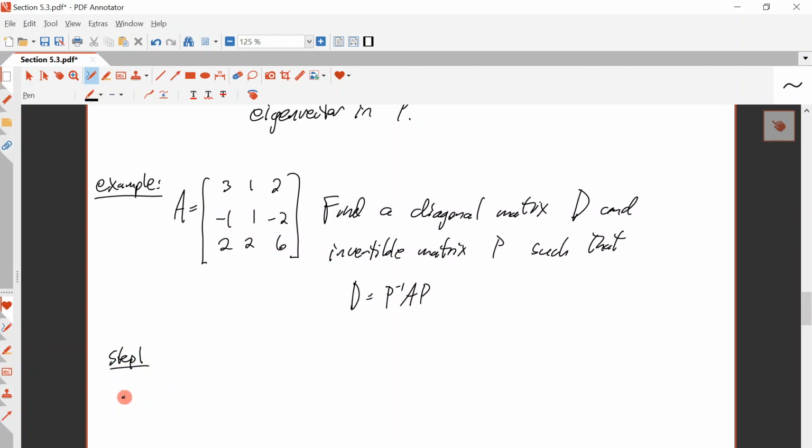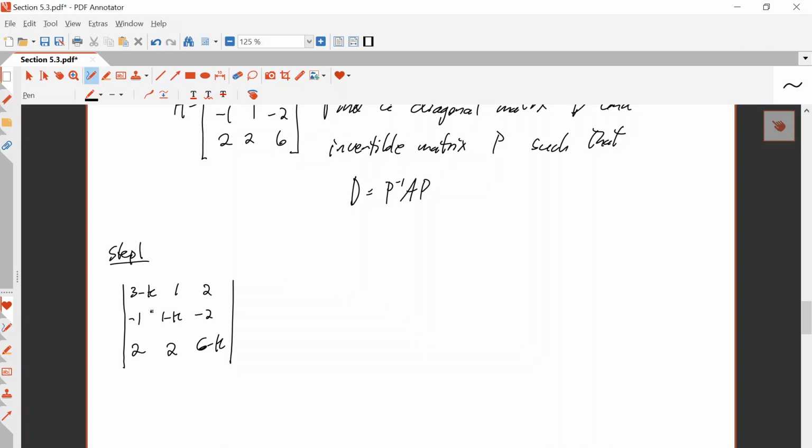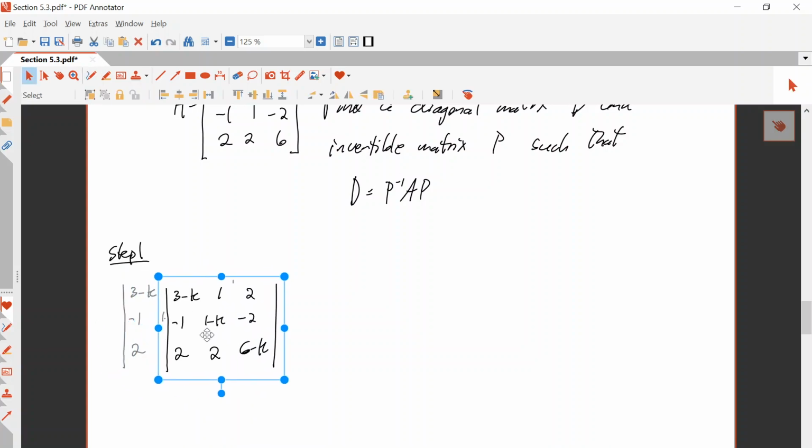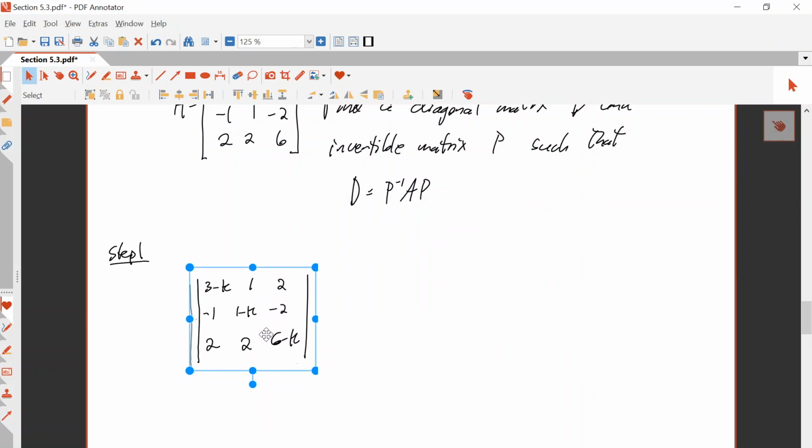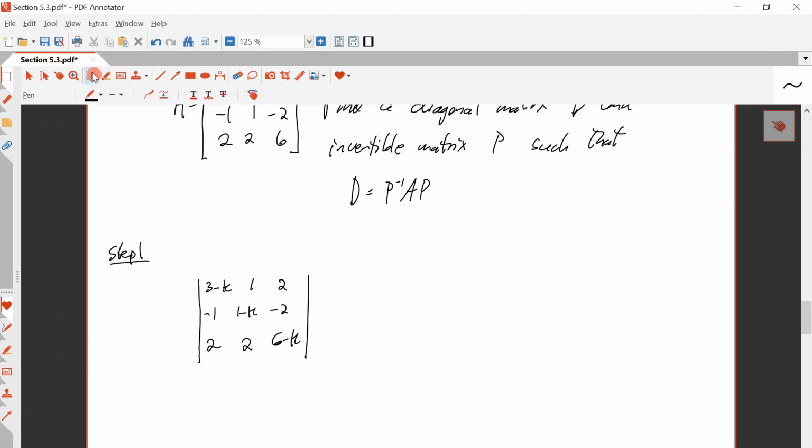The characteristic polynomial is the determinant of the matrix A minus KI, which is this matrix here.